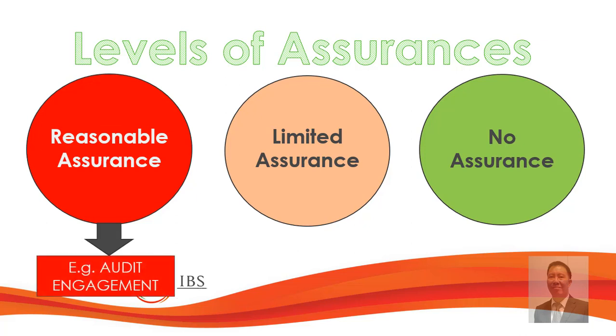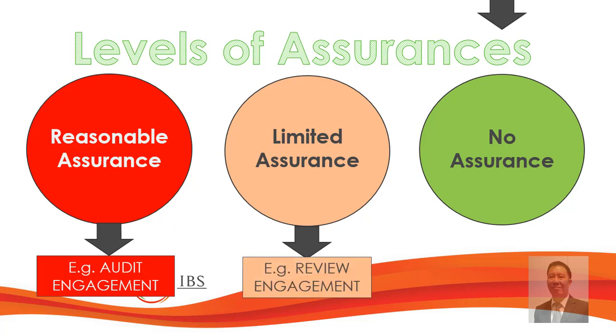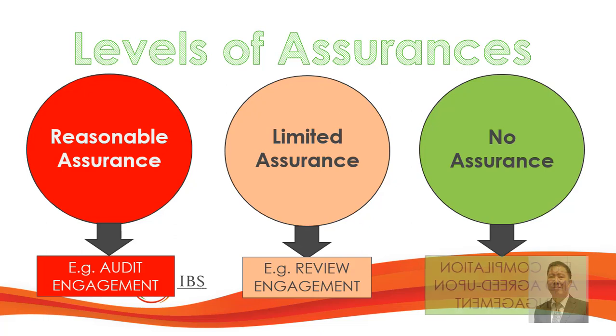An example of reasonable assurance will be audit engagement, while limited assurance will be review engagement. No assurance examples will be compilation and agreed-upon engagement. If you have heard of some audit firms offering bookkeeping, that is what we call compilation. So it's under no assurance.